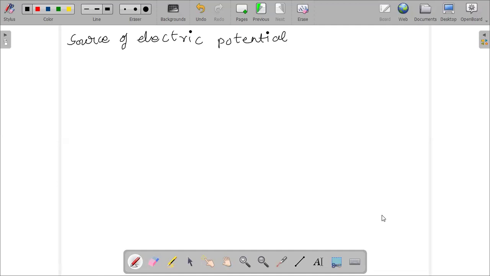From electricity, voltages. So from where do we obtain that electric charge? Of course electric charge is the fundamental for electrical energy, so what are the sources available with us for electric potential?